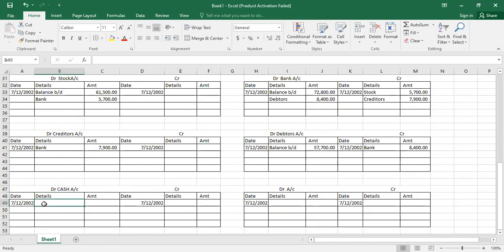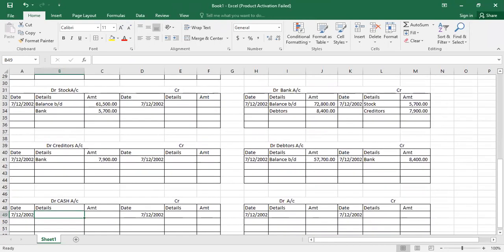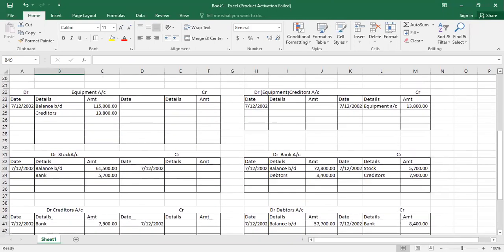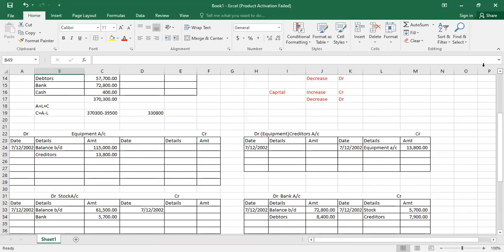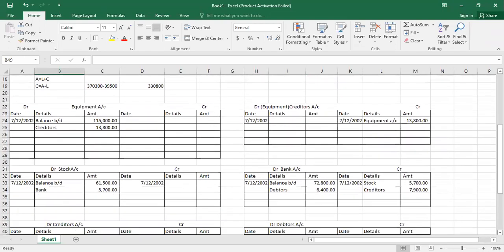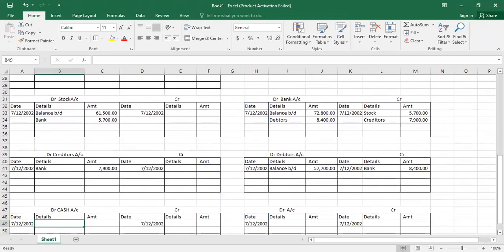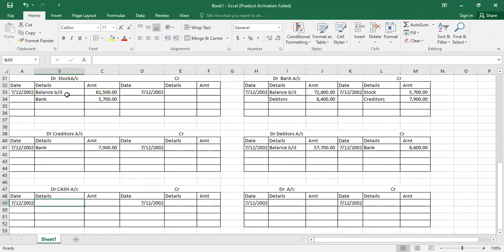We need to see whether we had a balance brought downward. Yeah, cash had balance brought downward of 400.